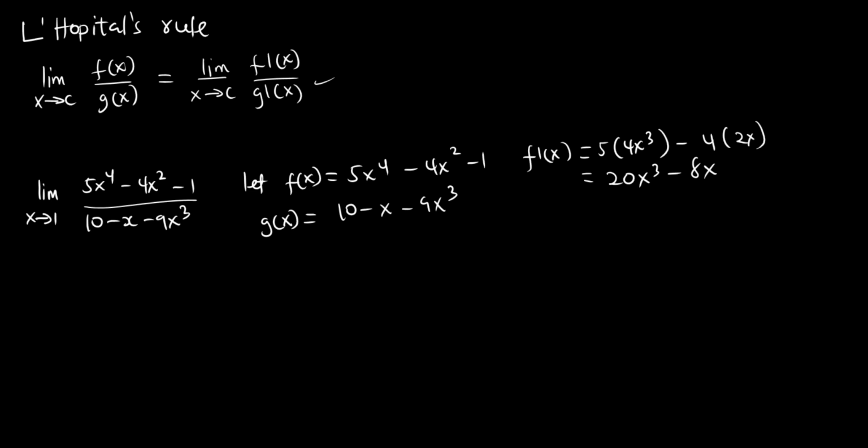So now let's do the same for the second function g of x. So g prime of x, you're going to have the derivative of 10, which is a constant, is 0, and then the derivative of minus x will be minus 1, and then we'll have minus 9 multiplying 3x squared. So let's simplify this. I'm going to have minus 1 minus 27x squared.